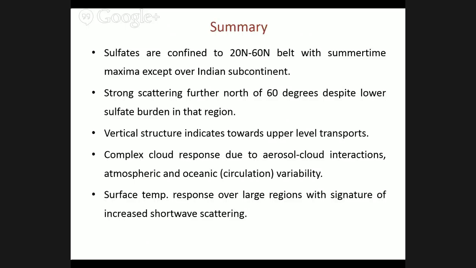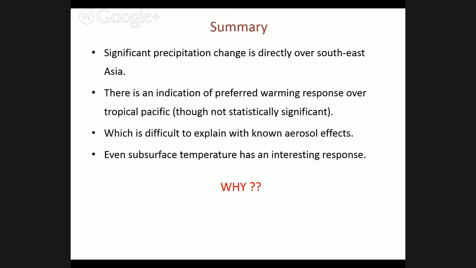The surface temperature response over a large region had a signature of increased shortwave scattering. For precipitation, there was only significant change directly over Southeast Asia, and there is an indication of a preferred warming response over the tropical Pacific, though not statistically significant, which is difficult to explain with the known aerosol effects.